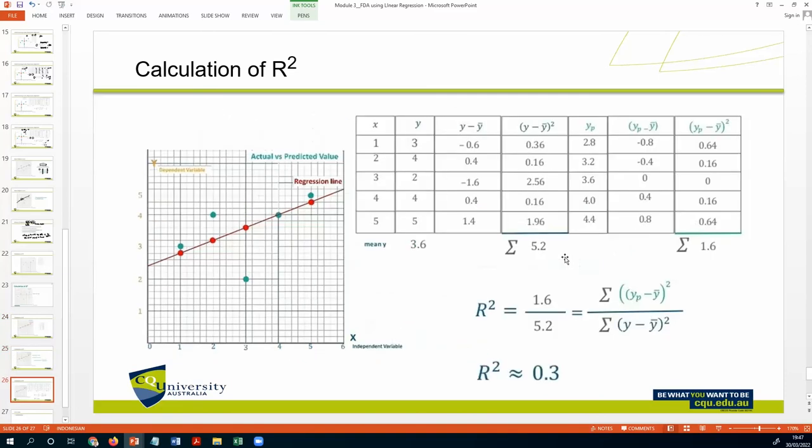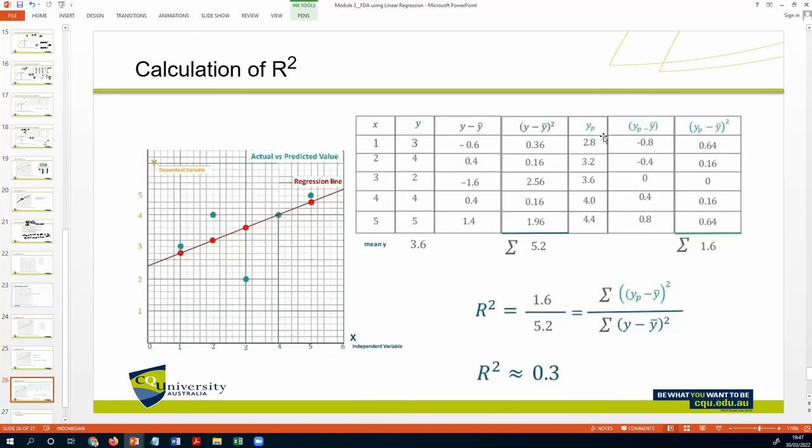Let me check this one. Let's see the X and Y coordinates 1 and 3. This is the data. And then this is the Y prediction: 1 and 2.8, 2 and 3.2, 3 and 3.6, 4 and 4.0.